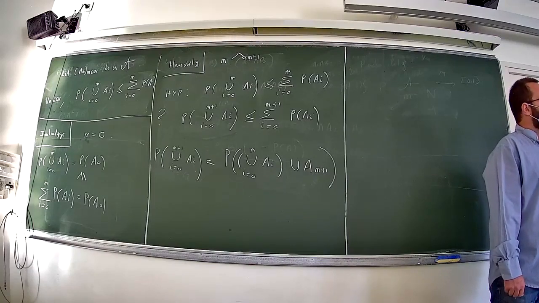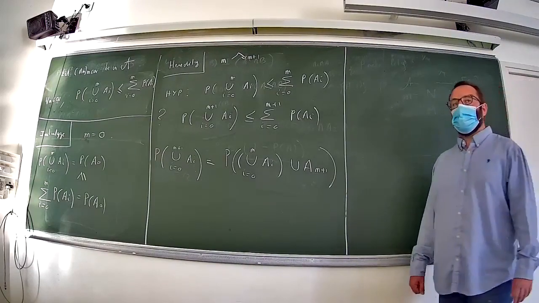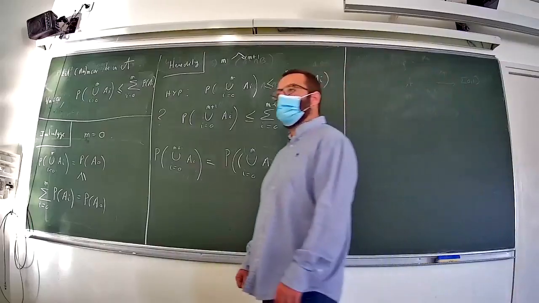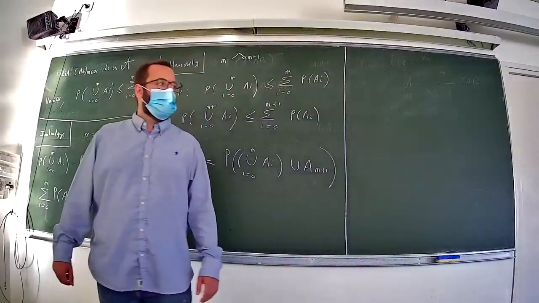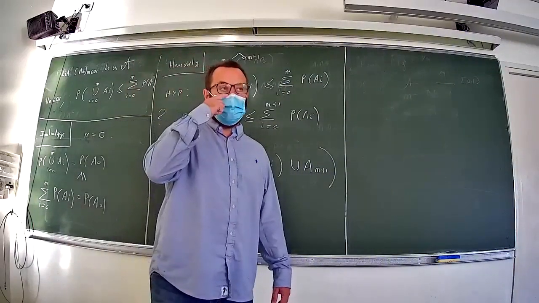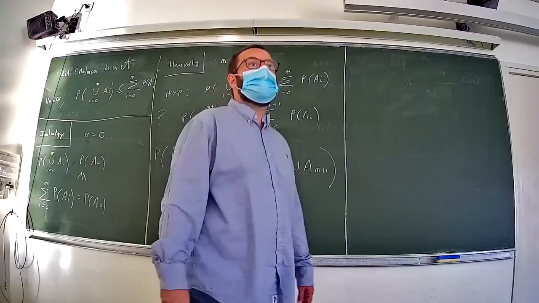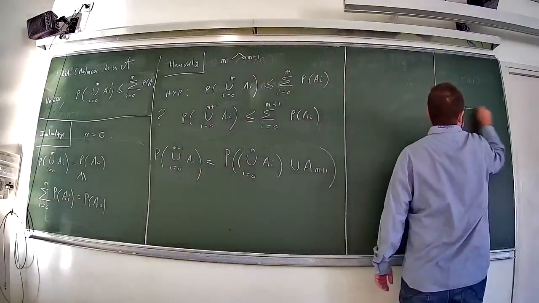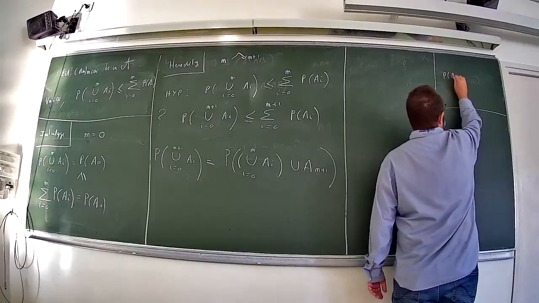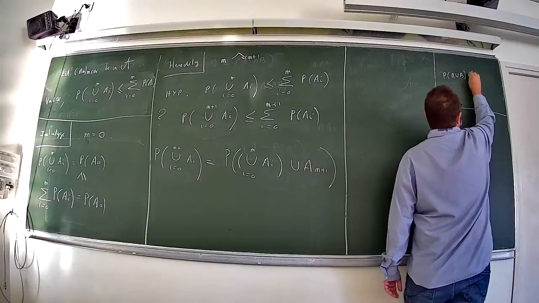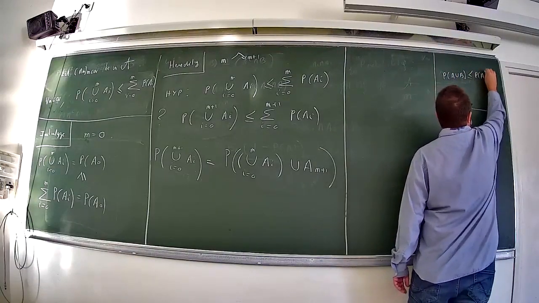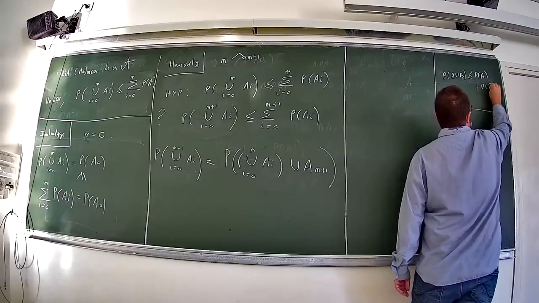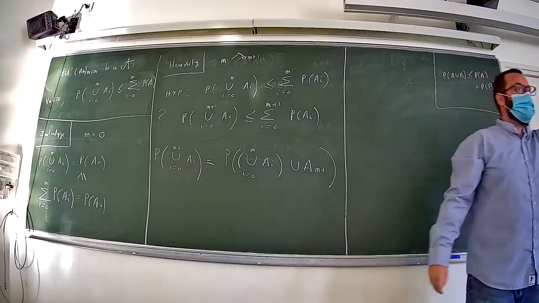A probability is a positive number, meaning that the probability of the intersection is positive. So the probability of the union is equal to the sum minus a positive number, implying that for two sets, the probability of the union is less than the sum of the probabilities because of point d.